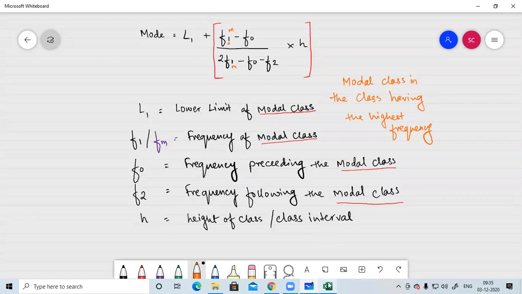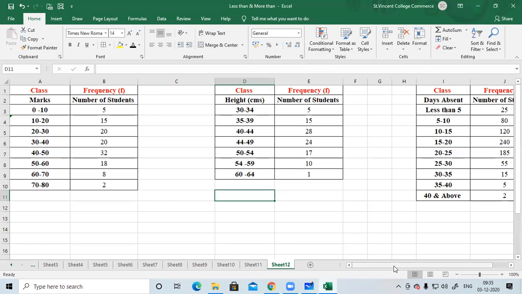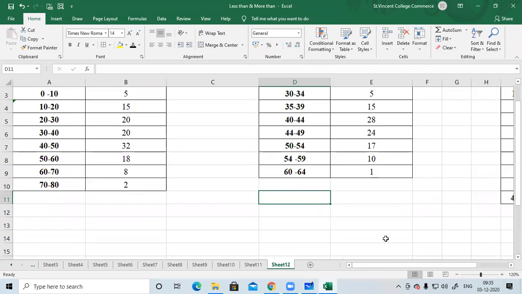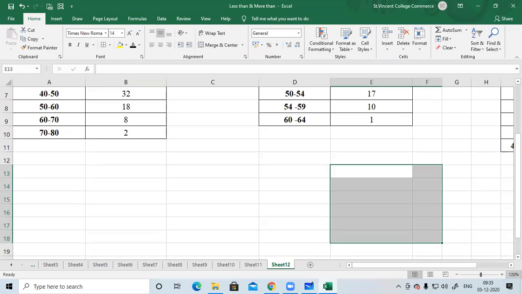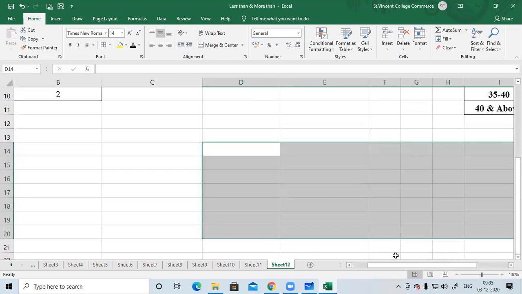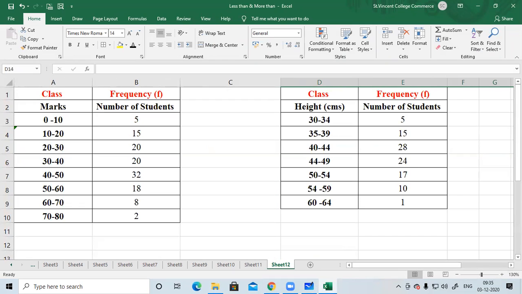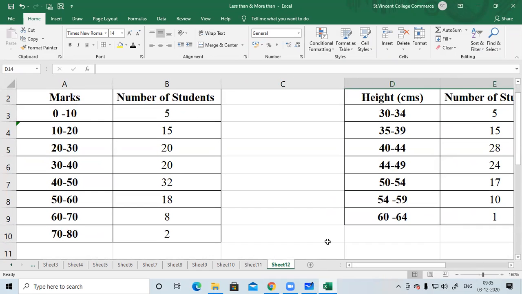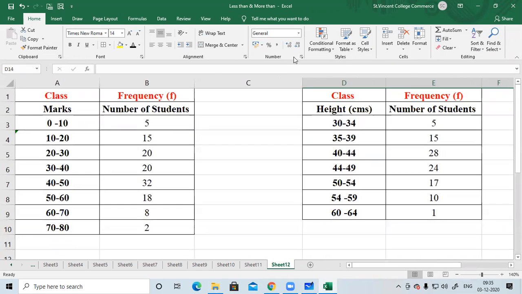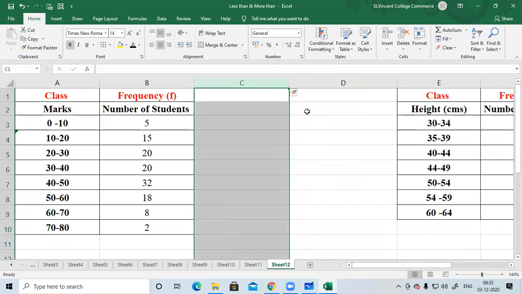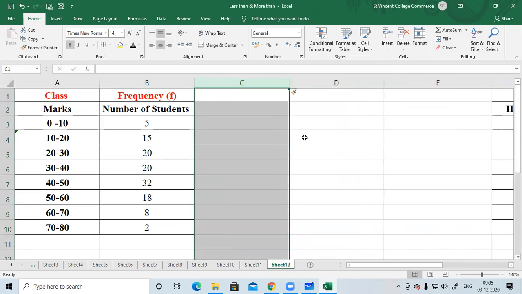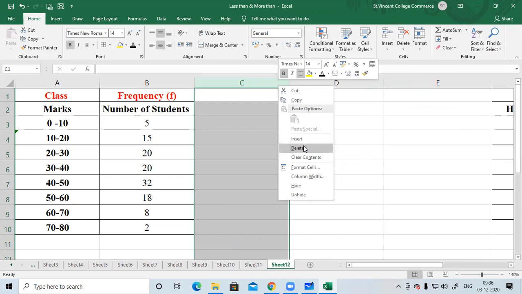So let's go to the question now. This is the question. I've taken multiple questions here. Let's see only the first question. I'll just hide the other one so that it won't interfere with our calculations.